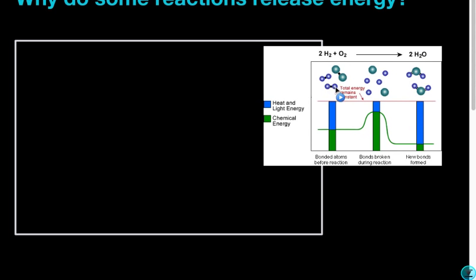It's going to take some energy to break these H2s and O2s apart, but then when they snap back together, it's going to give us a lot more energy. This is energy that's in the system here. You see heat and light, chemical energy. It's going to take a bunch of energy to get them broken apart, and then the amount of chemical energy in those chemicals drops down because it releases energy into the environment.